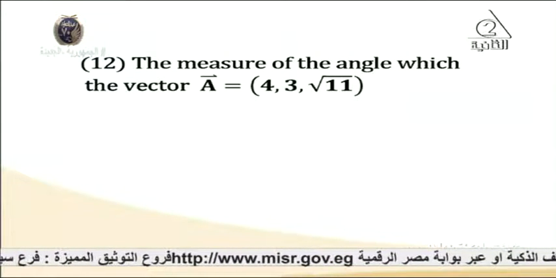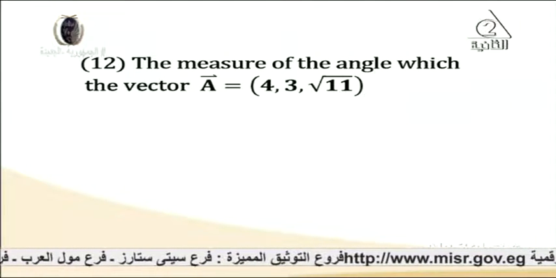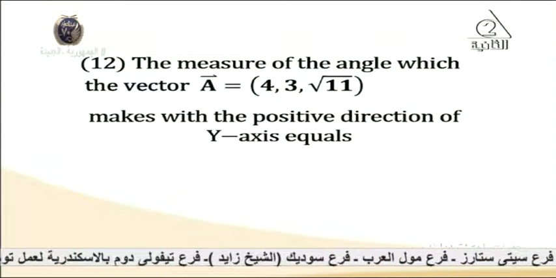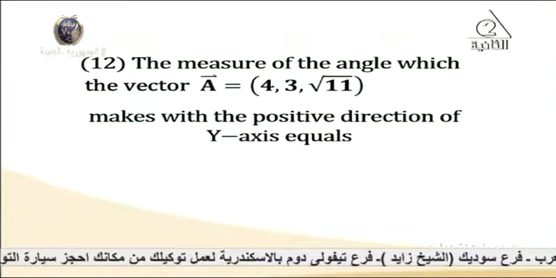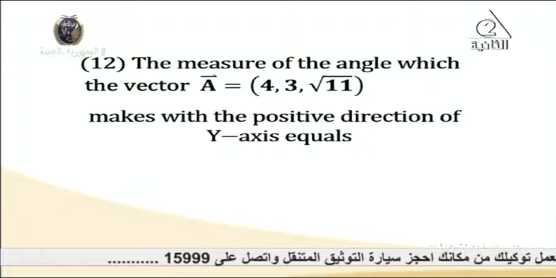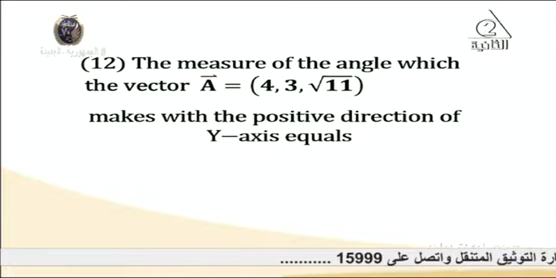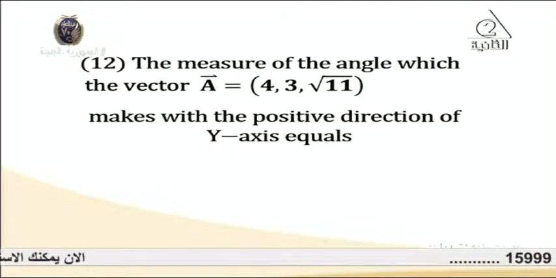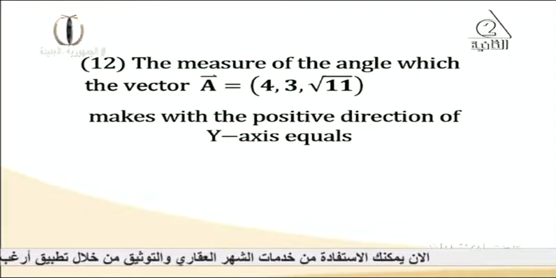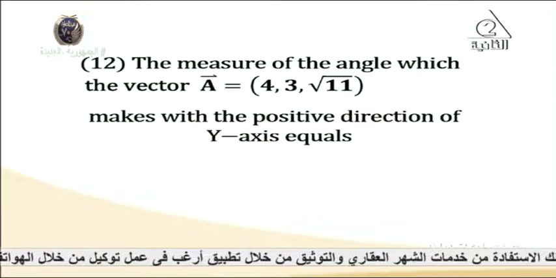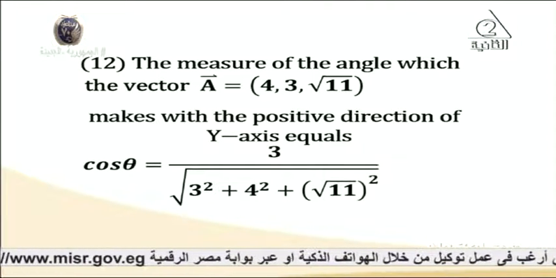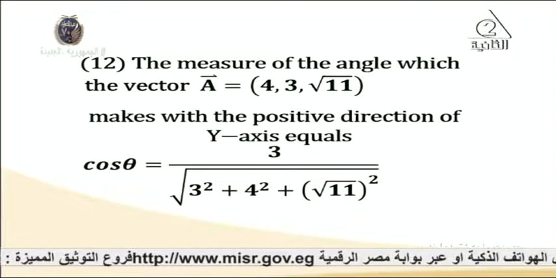Another example. The measure of the angle which the vector A (4, 3, -√11) makes with the positive direction of the y-axis equals what? Remember, my dear student, the required is the measure of the angle the vector makes with the positive direction of the y-axis. What is the component?